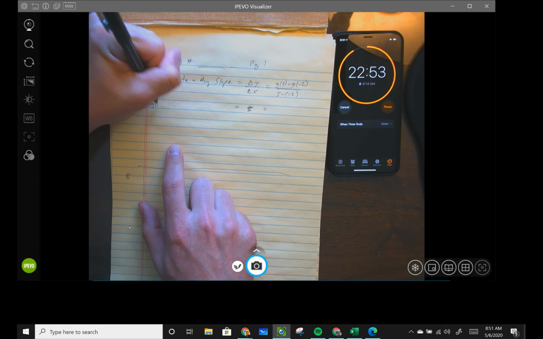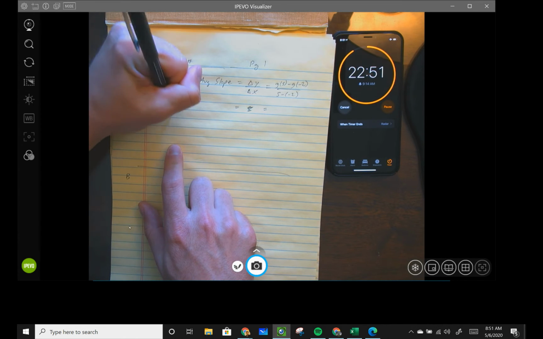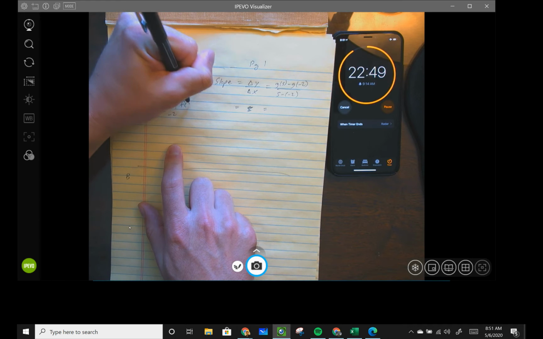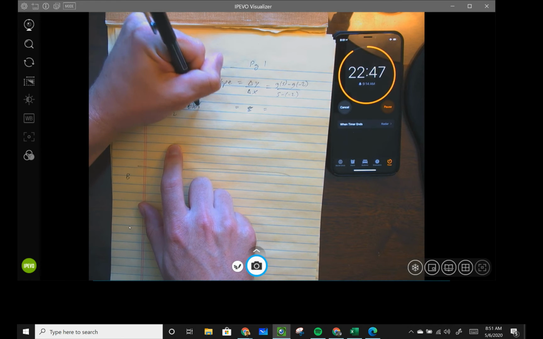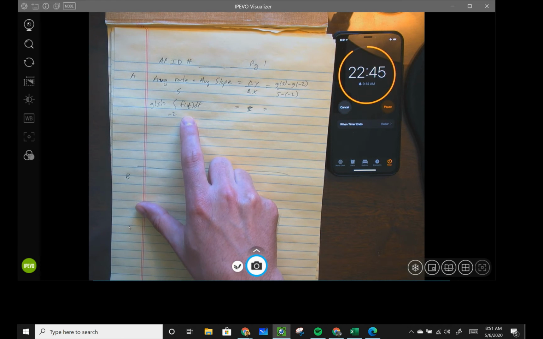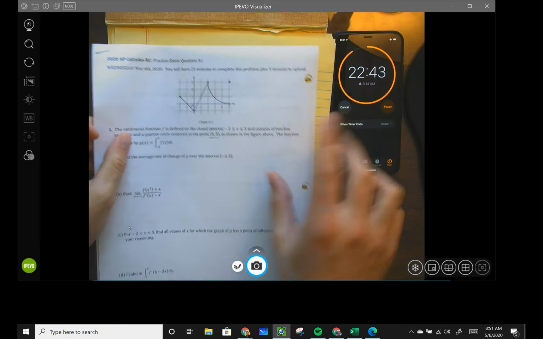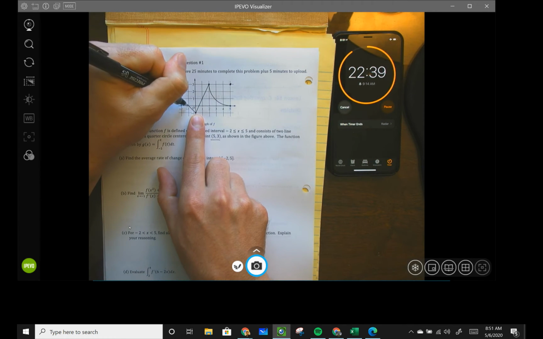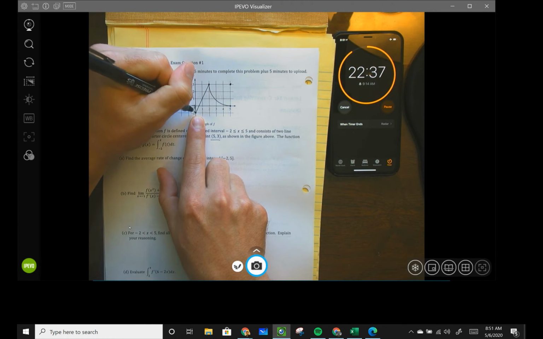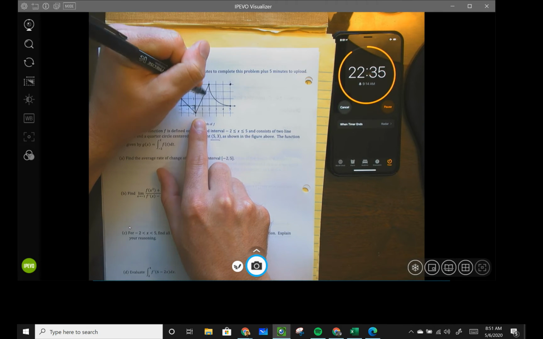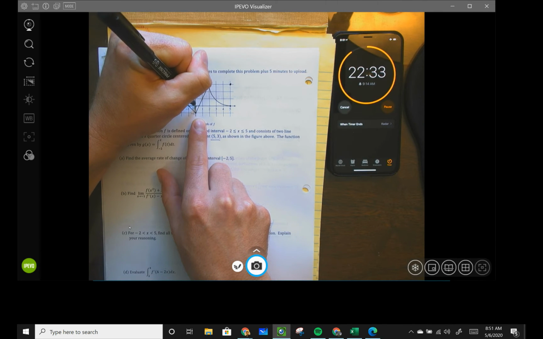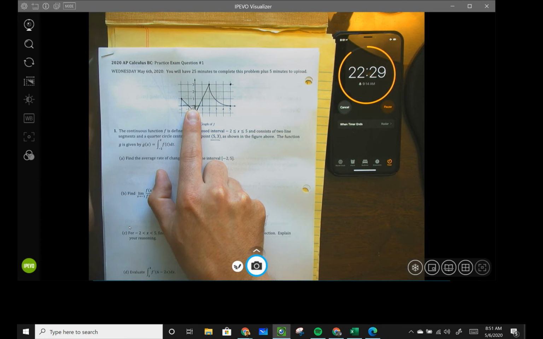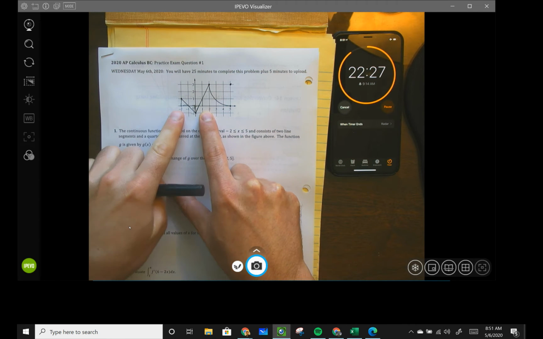So g of 5 is the integral from -2 to 5 of f of t dt, meaning that is the area under the curve. Okay, so going back to this graph, the area here and the area here cancel out. And from here to here, they're canceling out again, right? So that's a net 0 from -2 to 1.